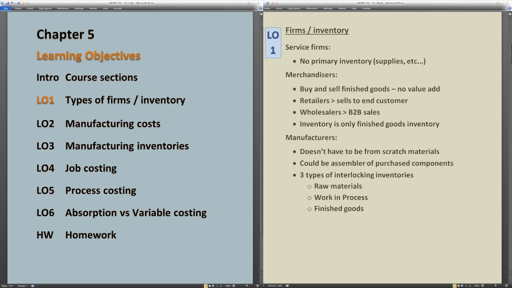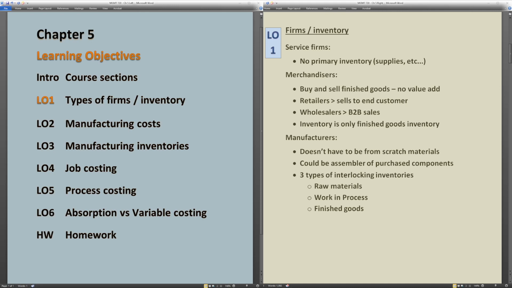Well, retailers sell to the end user, to the end customer, and wholesalers are business to business sales, but they both engage in the same objective. They buy things that are already completed and they sell them on and mark them up. So retailers and wholesalers are similar in that they only have one type of inventory, and that is finished goods. They buy finished goods and then sell them on at a markup.